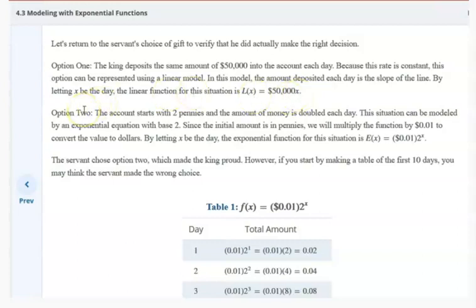Now, option 2, the account starts with just 2 pennies, and the amount of money is doubled each day. Now, this is modeled by the function E of x, such that you have 2 times 1 penny, that's 2, but it doubles. The exponent is the variable. So let's just take a look at this.